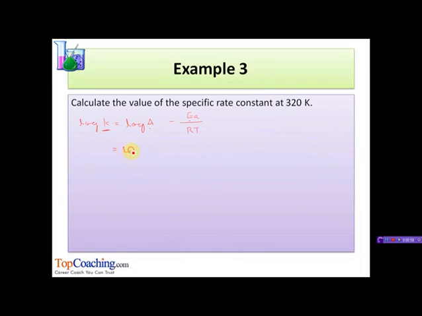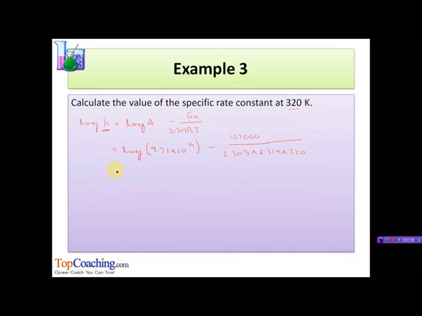So on substituting the values, log A, we just calculated the value of A, which came out to be 9.71 into 10 raised to 14 minus EA. We have also calculated the activation energy, that is 107,000 divided by 2.303 into R. We know the value of R, that is gas constant, it's 8.314 into T. T is given to us, that is 320.